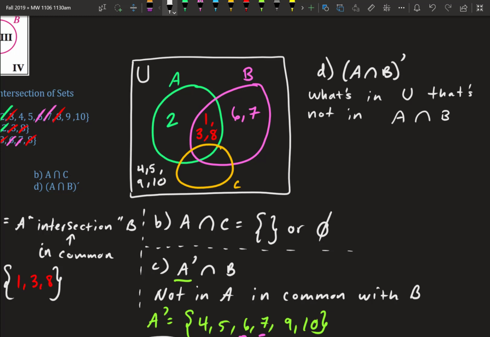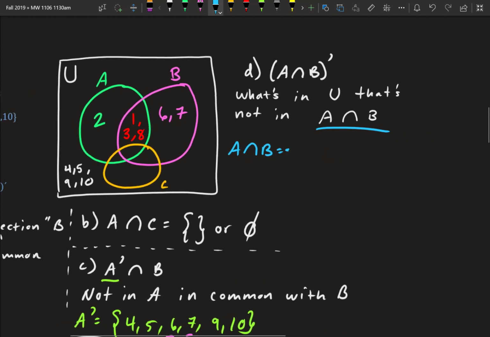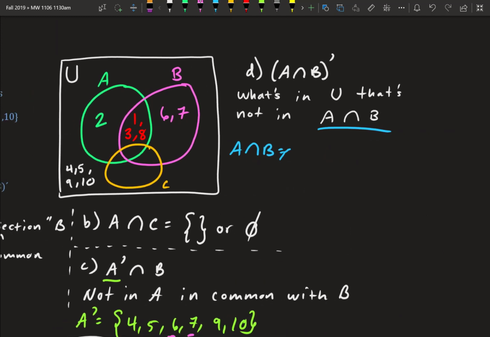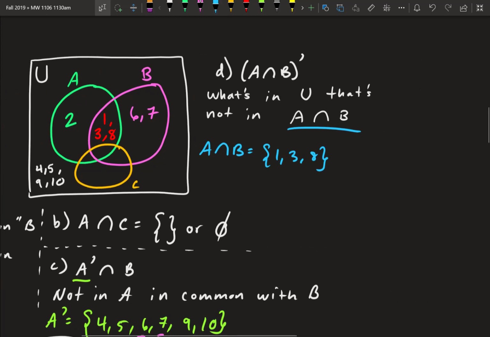So what it's asking is what's in the universal set that's not in the intersection of A and B. So we actually have the intersection of A and B. We did that already. Remember in part A, it's 1, 3, and 8. So just take that out of the universal set. So look at the universal set and use every single number but 1, 3, and 8.